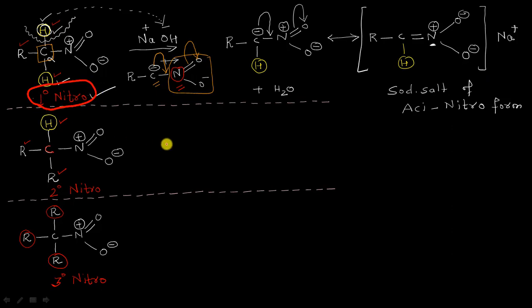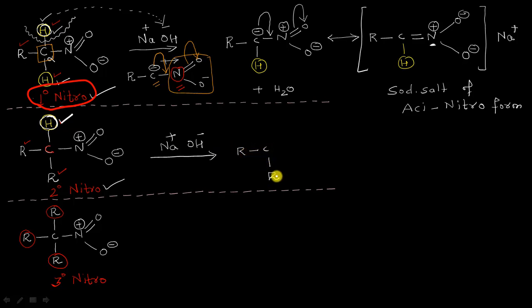In the same way, if we add NaOH, once again our strong base, to the secondary type of nitro compound, because it also contains one weakly acidic proton, this one here, the same thing is going to happen, and I can show it like this.